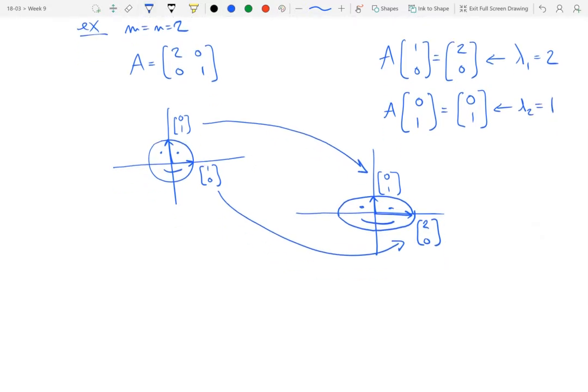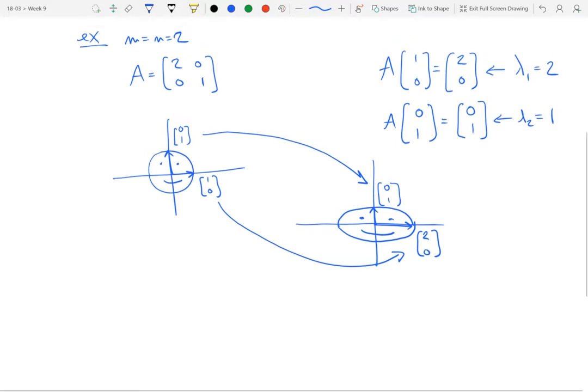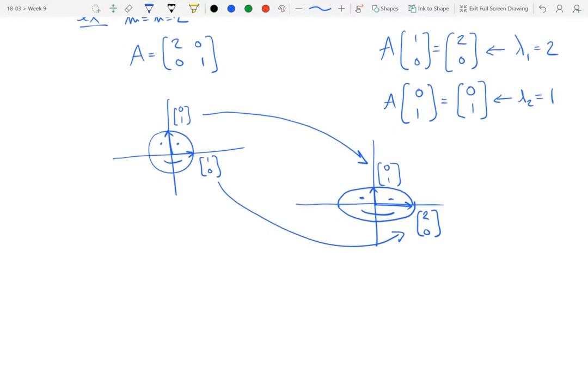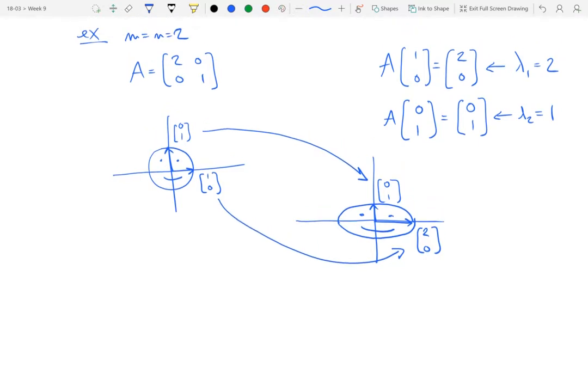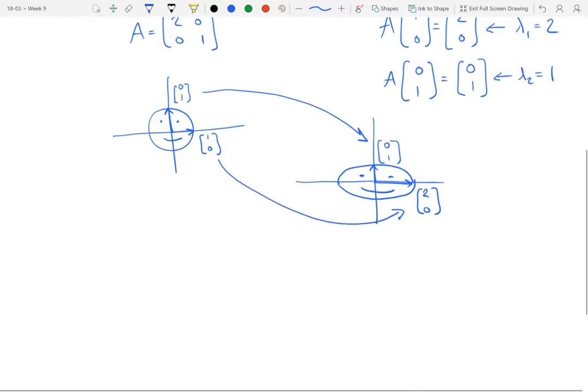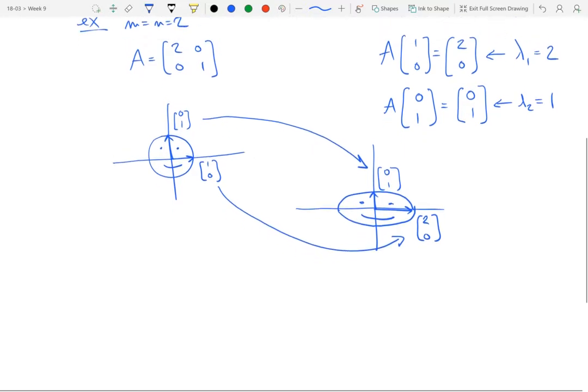So those are the vectors whose direction is unchanged when you act with A on them. And those are the special directions here for the linear transformation. There's a stretch along the x-axis, which is an eigenvector, and there is no stretch along the y-axis. If you pick any other vector that's not an eigenvector, you have a combination of these operations in such a way that the direction of the vector is changed upon the application.